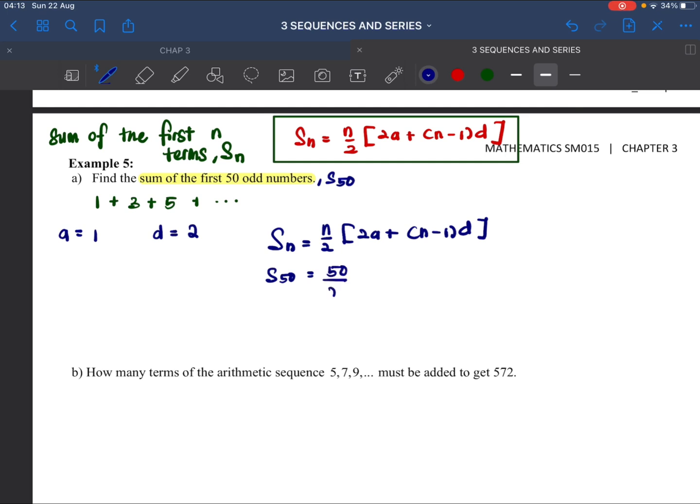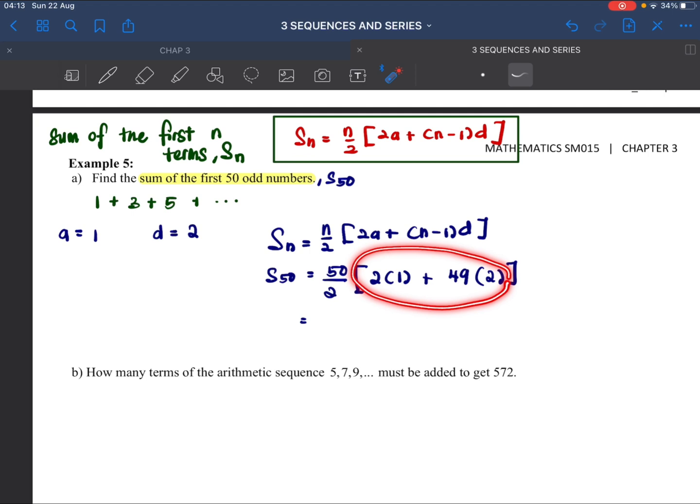So we have 50 over 2, 2 times a, where a is 1, plus n minus 1, which is 49, 50 minus 1 is 49, times d, which is 2. Okay, then tekan calculator. Okay, tekan yang dalam ni dulu. Make sure you put your brackets. Okay, put brackets everywhere, and then times by 50 over 2, which we will get 2,500. Okay, so that is our sum of the first 50 terms.